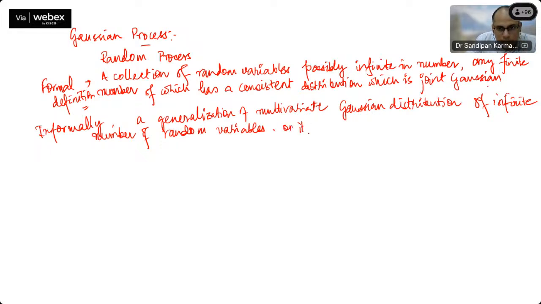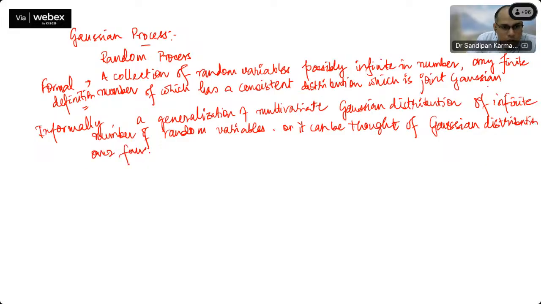Or it can be thought of as a Gaussian distribution over functions. So where are these functions coming from?